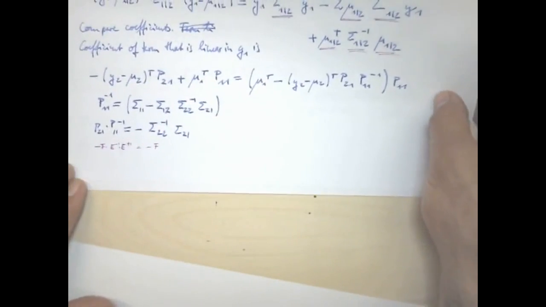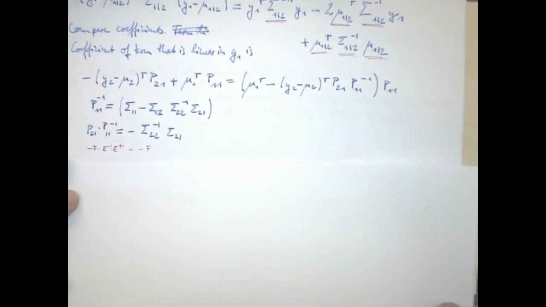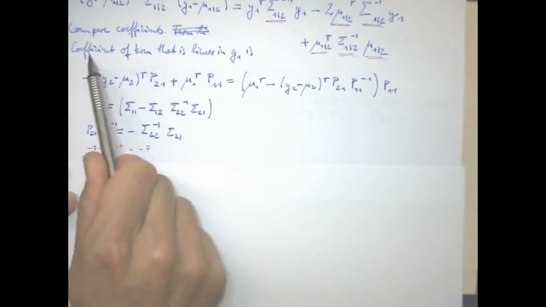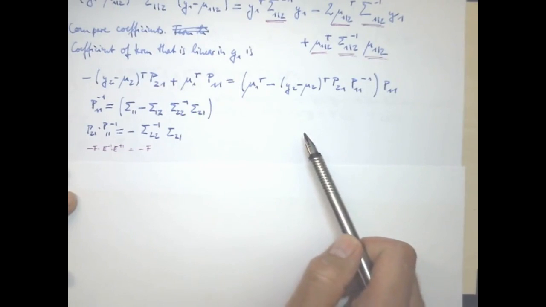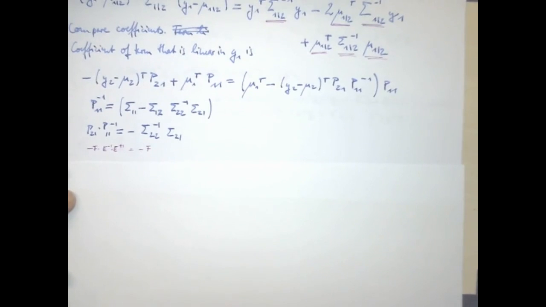Yes? Why don't you equate the derivative, which is much faster? Well, I did, because I said this is the coefficient of the term that's linear in y1. Yeah, but instead you can say sigma 1,2 to the minus 1 is equal to P1,1, and this gives you a solution already. If you equate the second derivative, and then the first derivative, you get an equation for the limit. And that's done. So how would you do it, Luca?